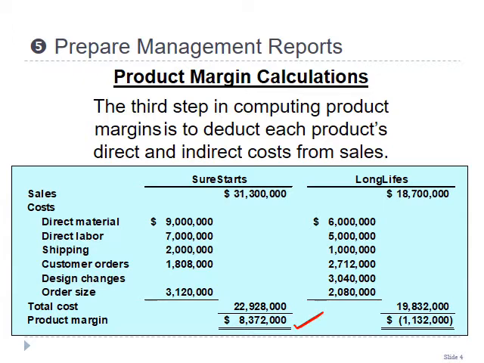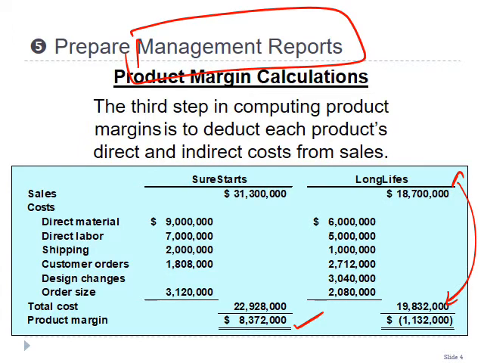So Sure Start's total margin is 8.373 million, whereas Long Life reports a loss of 1.132 million, right? By segregating the data, ABC can also help us prepare the management report to find out which product is giving you profit and which product is giving you loss.